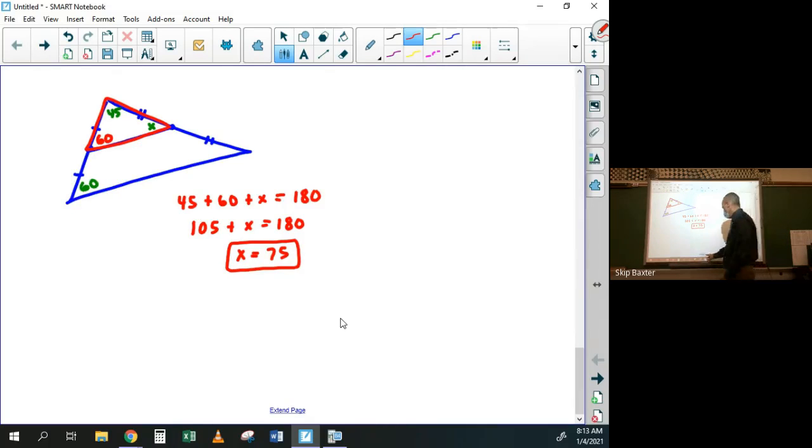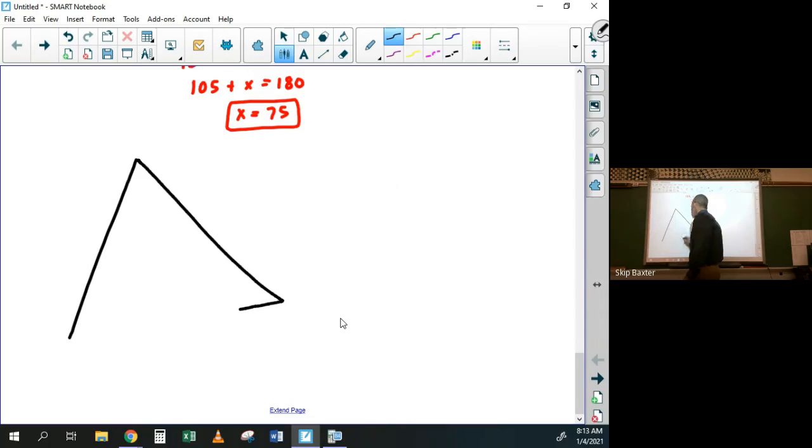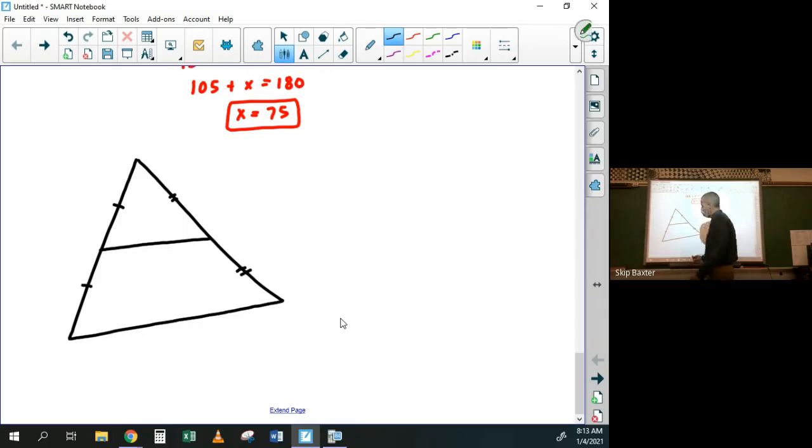Okay, let's just do one more. Suppose we have a triangle, like that. And what if they told us this angle up here is 106 minus 5x?